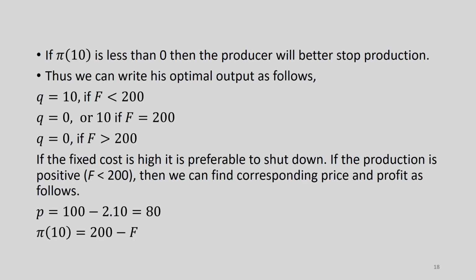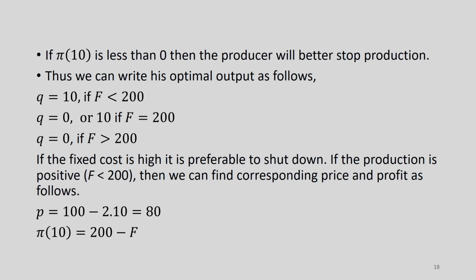Now, as we have seen earlier, if this maximized profit is less than 0, then the producer will better stop production, because if he does not produce, then the cost is 0 and the revenue is also 0. So, the profit will be 0 if he does not produce. So, if the maximized profit is less than 0, then it is better to stop production.